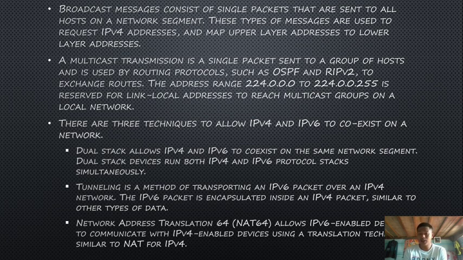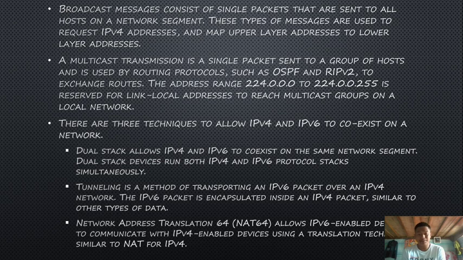There are three techniques to allow IPv4 and IPv6 to coexist on a network. Dual stack allows IPv4 and IPv6 to coexist on the same network segment. Dual stack devices run both IPv4 and IPv6 protocol stacks simultaneously. Tunneling is a method of transporting an IPv6 packet over an IPv4 network.